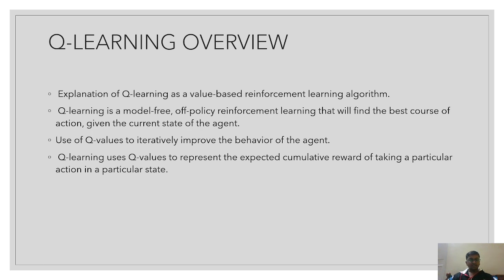It finds the best course of action given the current state of the agent. At that exact point, whatever the best course of action could be, that would be performed by the agent. And iteratively, as soon as it gets a reward, the behavior is improved.